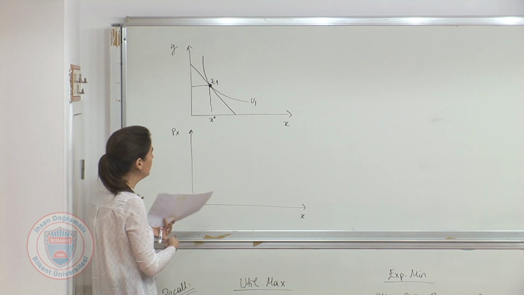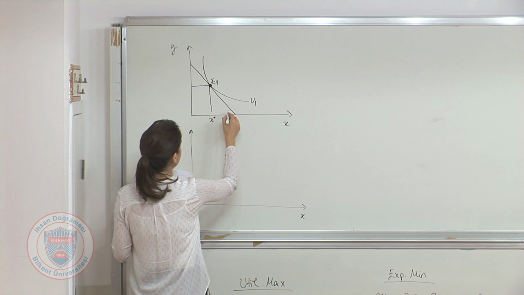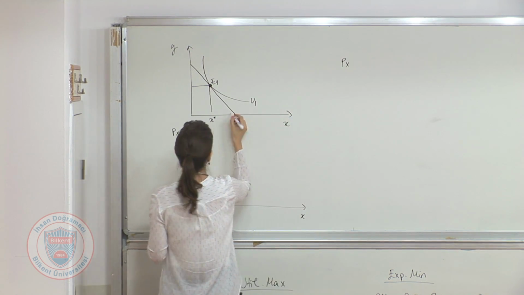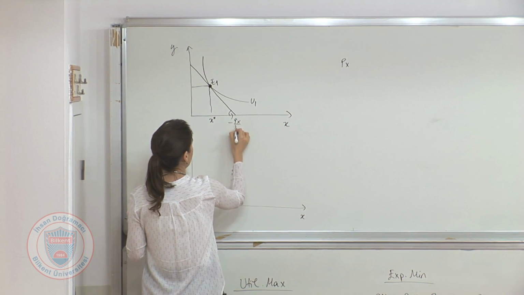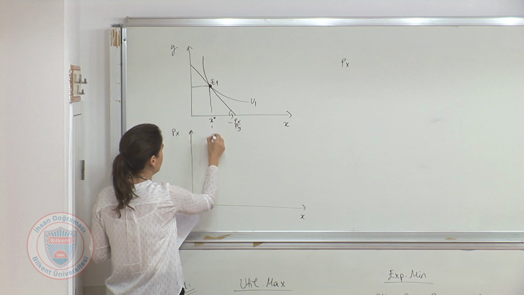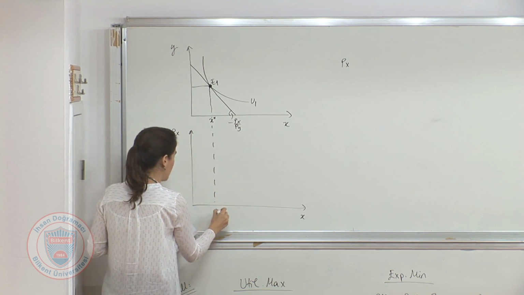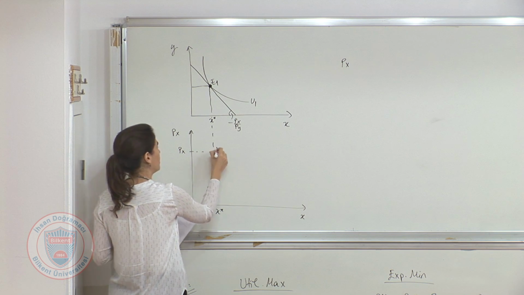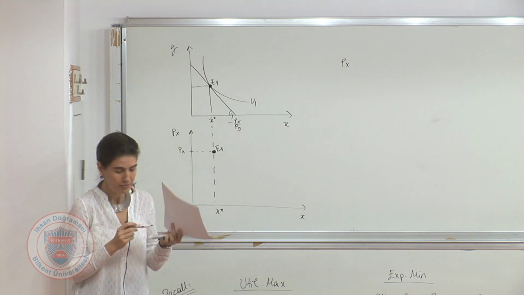Otherwise it doesn't mean anything. So suppose my initial price is this, px. The slope of this is minus px over py, as you know, okay? And suppose x star is the optimal point when price is px, okay? So this is the point E1.